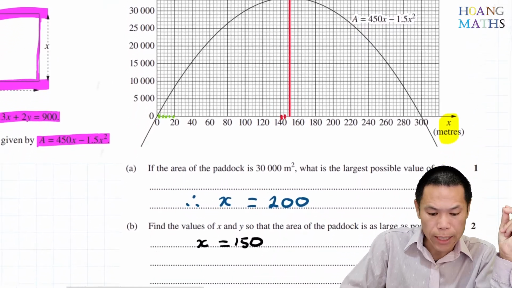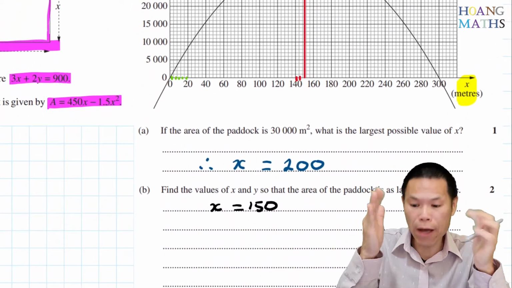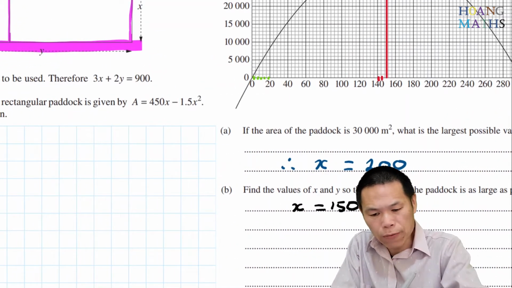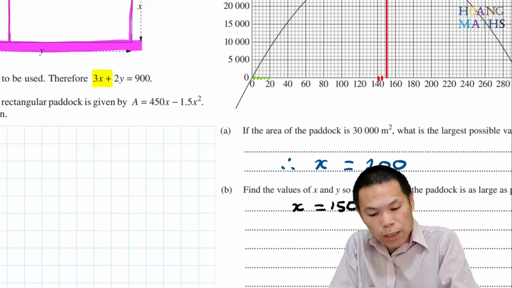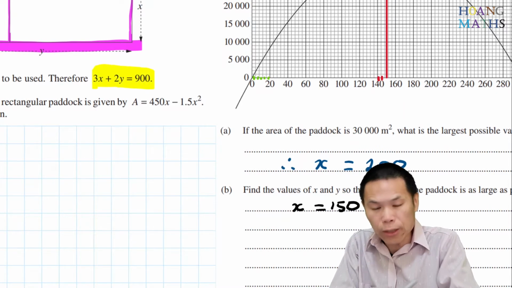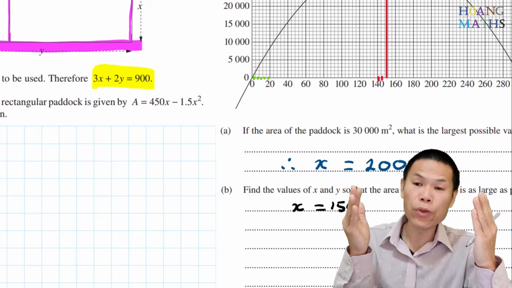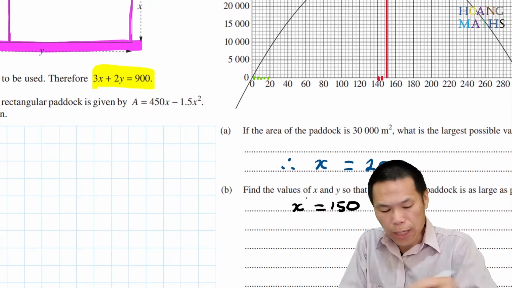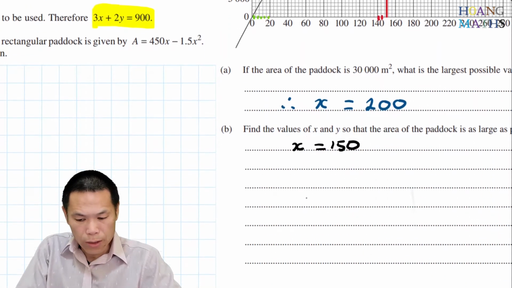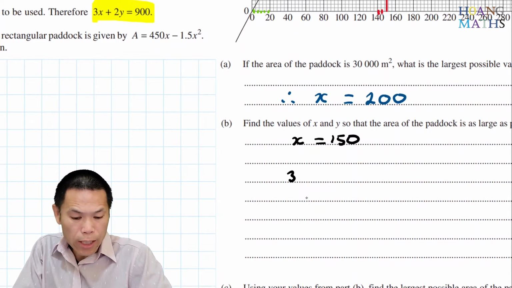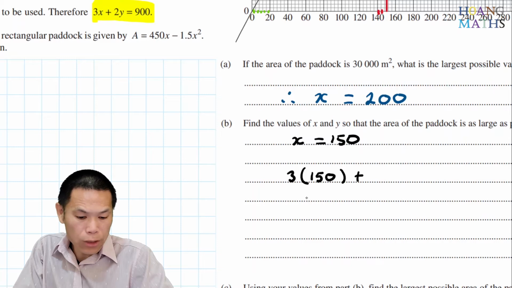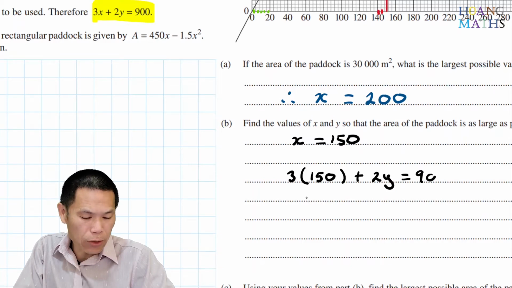Just remember that. Now we need to find the Y value. And the equation given is this. So 3x plus 2y is 900. So now we just need to substitute the X value in. So that is 3 times 150 plus 2 lots of y is equal to 900.